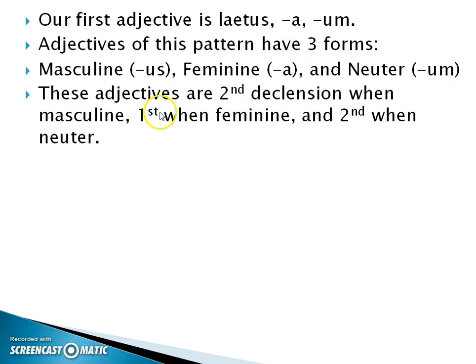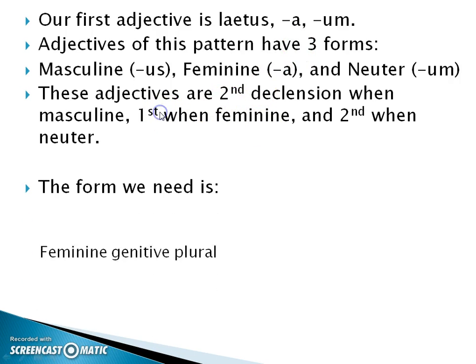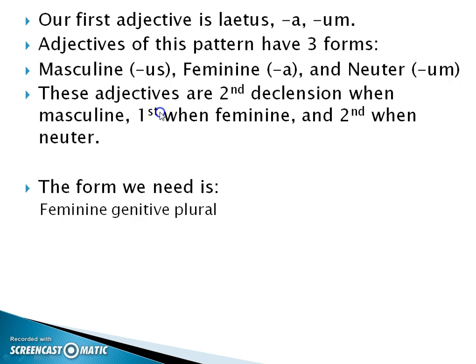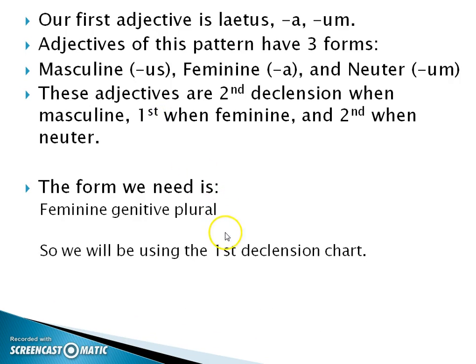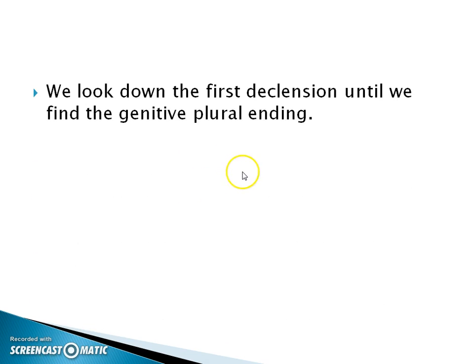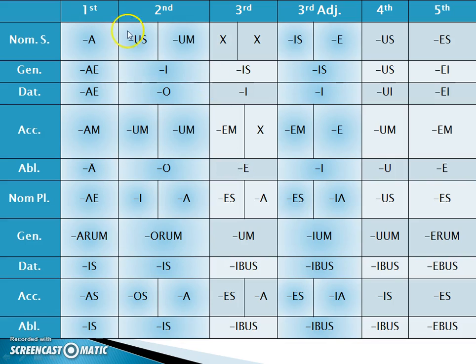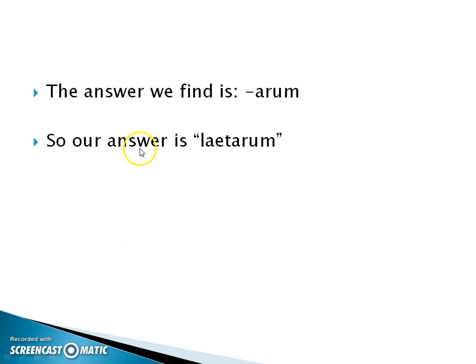When they're feminine, they are first declension. We need feminine, genitive, and plural, so we're going to be on first declension. We go down to genitive plural, because remember, we're starting at erum for the noun. So we come down first declension and we end up with arum. So our first answer is laetarum.